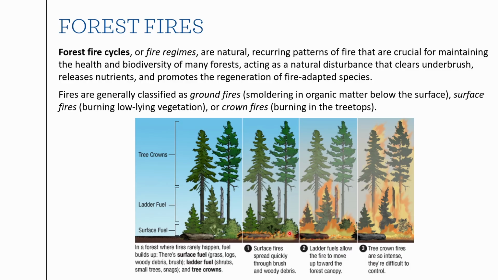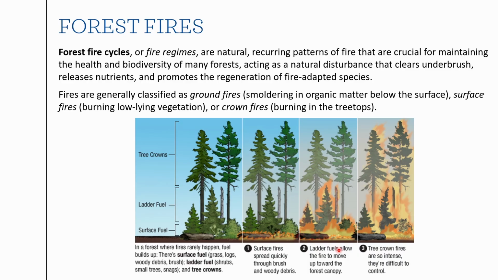If there's a dry area in the forest that gets struck by lightning, you get a little fire, and it burns the understory and clears it out, which cleanses the forest and puts nutrients back into the soil, and then things can start to regrow. It tends not to lead to the death of the larger trees because they don't burn as much. Their bark may be scorched or singed from the fire, but overall the canopy is still there.